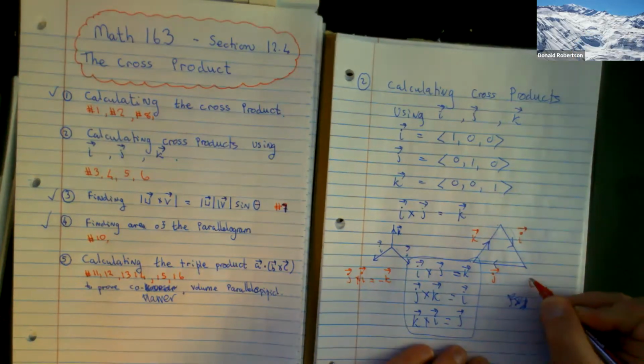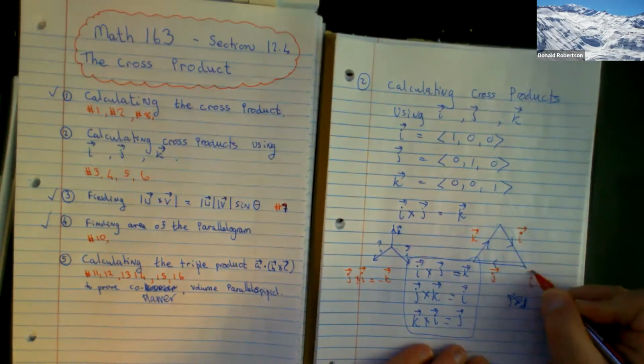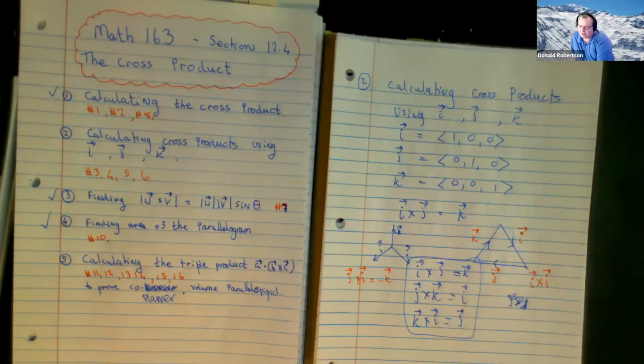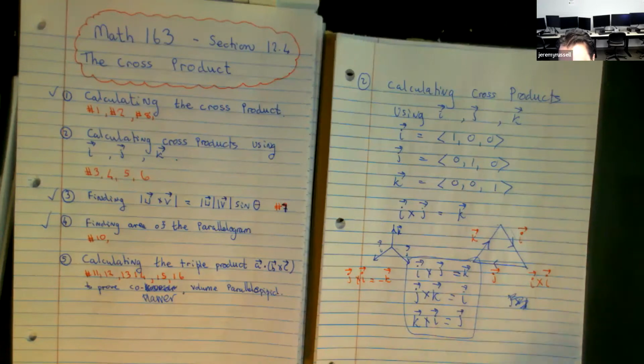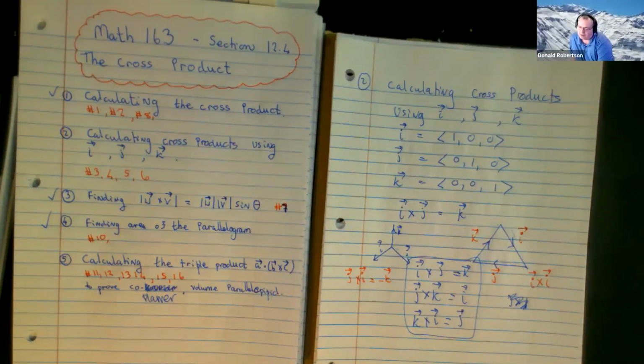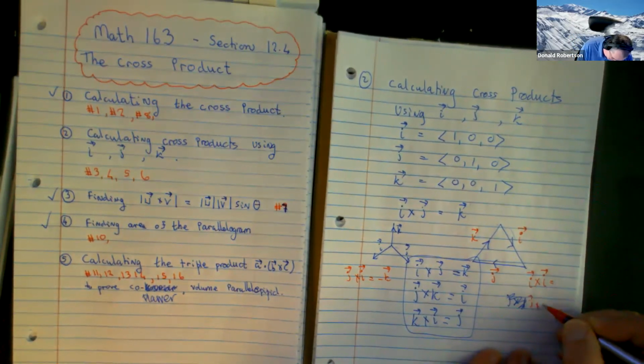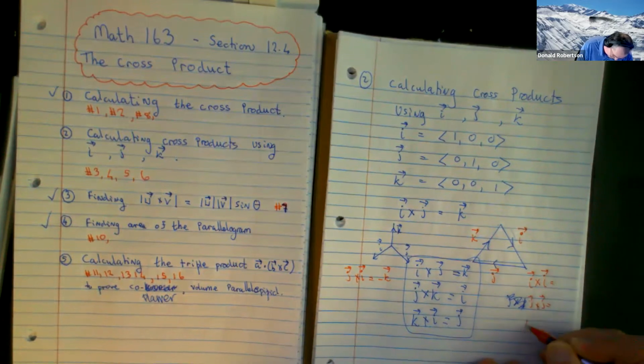Now, what do you think I cross I gets you? I squared. You could call it I squared. It's not called that, but you could call it that. But what is it equal to as a specific vector? And of course, if you've never done this, this is brand new, but maybe you can have a good and inspired guess at what you would get.